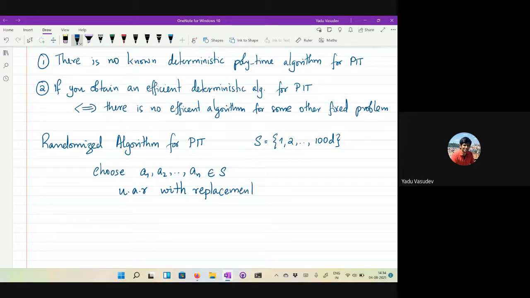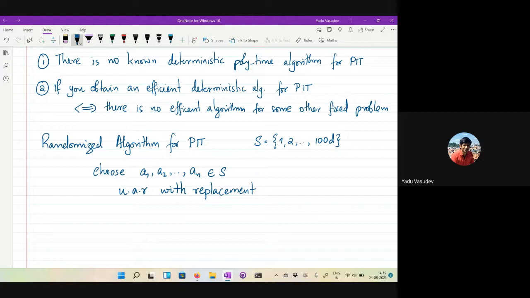What does that mean? It means that the same element can be picked multiple times, right? Think of like there is a bag in which you have numbers 1 till 100D. You first take a ball and look at the value. That value is assigned to the variable that is A1. Then you put the ball back into the bag, pick another ball uniformly at random, and so on. So you're going to choose n elements uniformly at random from the set S with replacement.